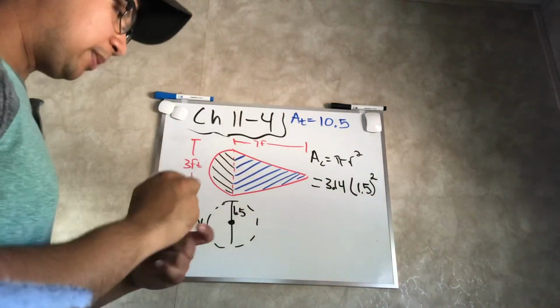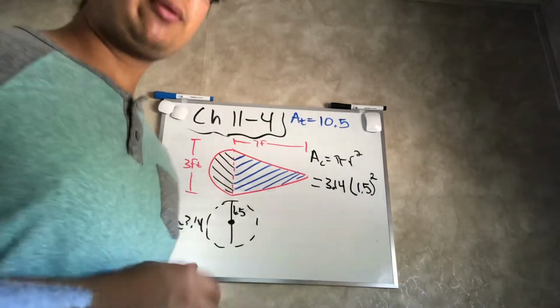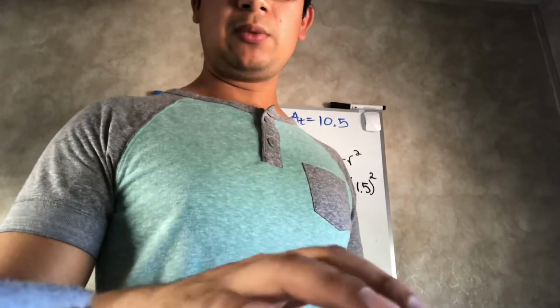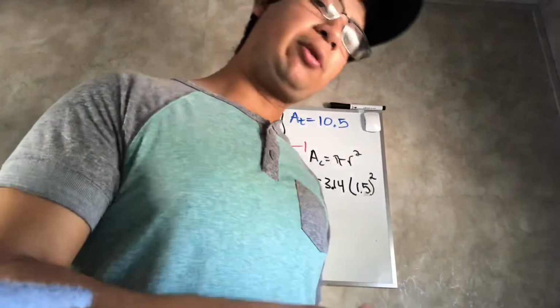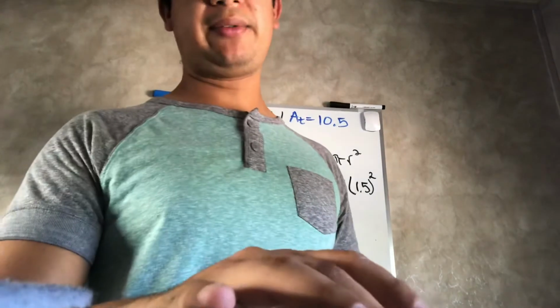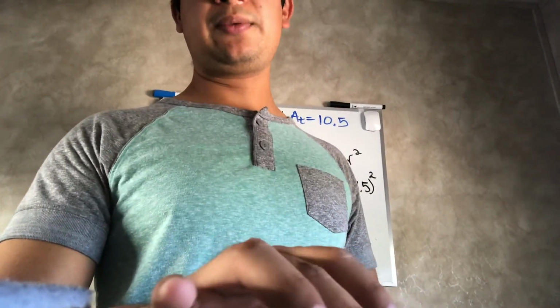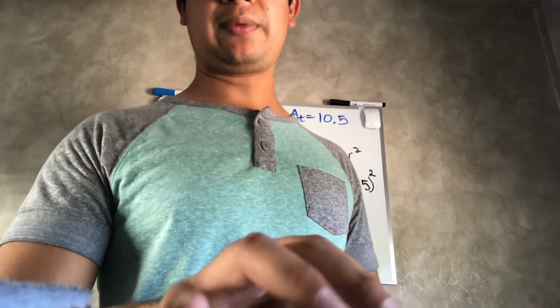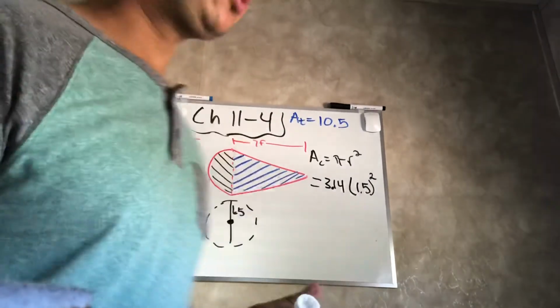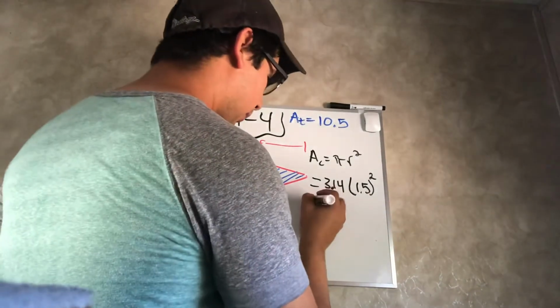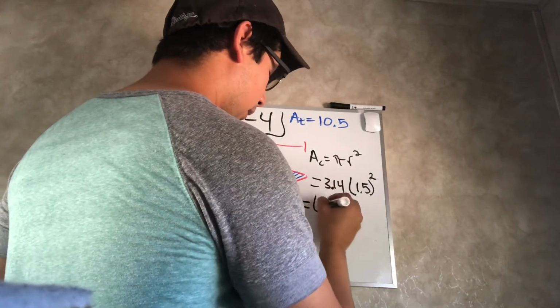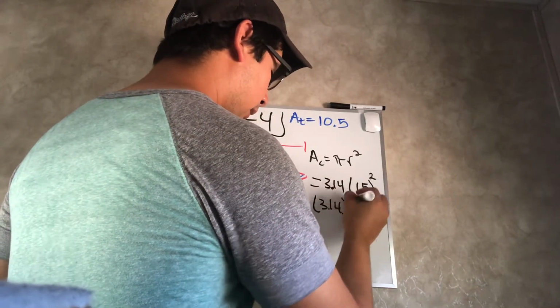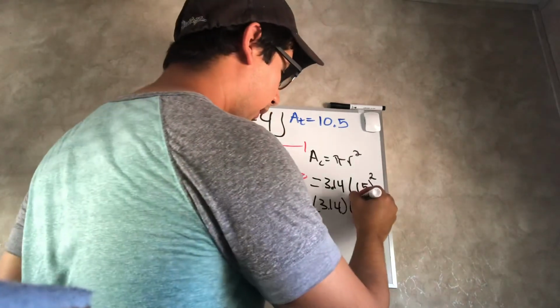And then you just have to multiply that out. Let's figure out the 1.5 squared. 1.5 squared just means 1.5 times 1.5. That gives us 2.25. So then we have 3.14 times 2.25.